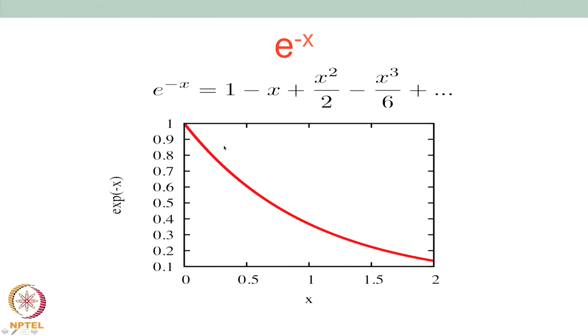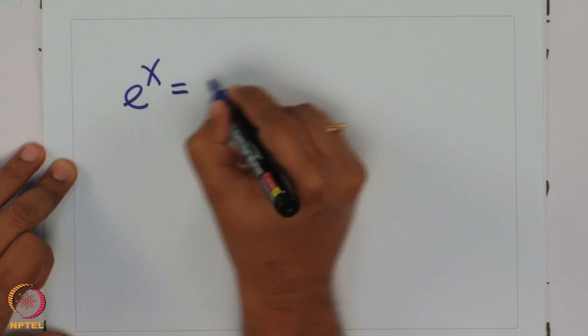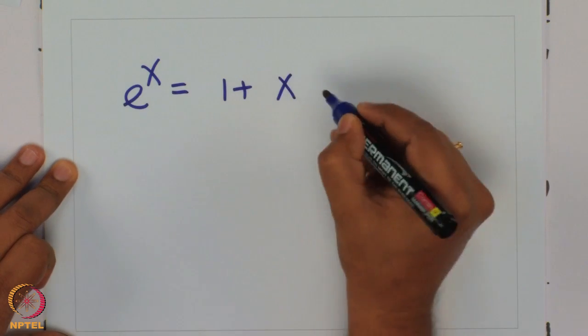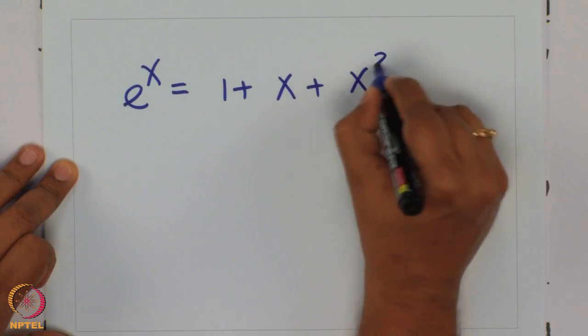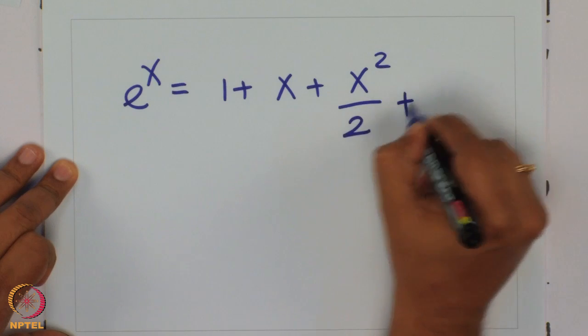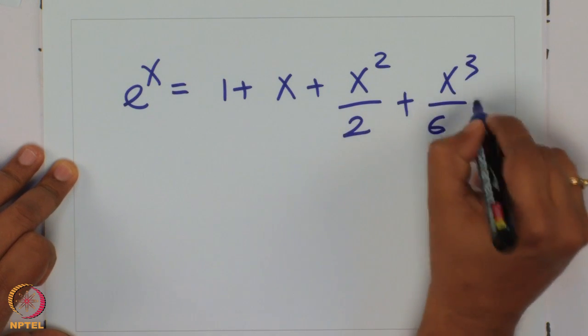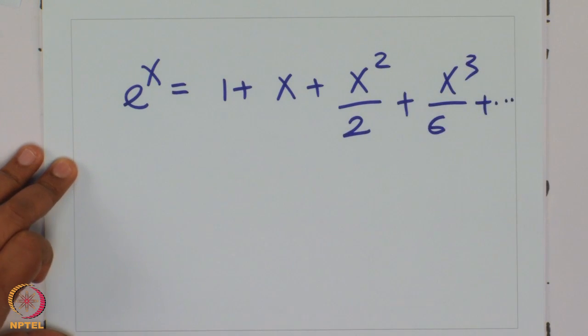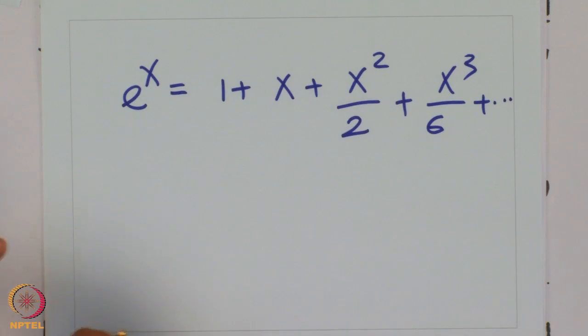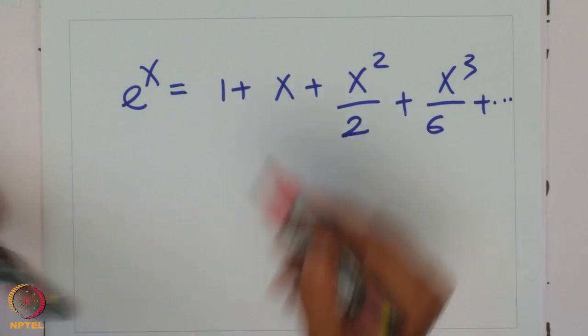We can see that we wrote that y is equal to e power x, and e power x we wrote as 1 plus x plus x square divided by 2 plus x cube divided by 6 plus dot dot dot. Now instead of this x, here we substitute minus x.